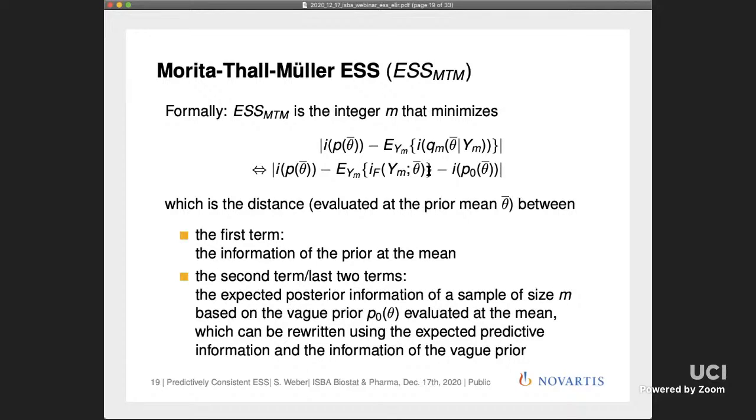All I've done here is spell out the posterior as the product of the prior times the data likelihood. You can drop the data marginal because we take the information of it. The data marginal depends only on the data, but not on any parameter, and here we take the second derivative when taking the information, so the data marginal drops out. So it's basically evaluating the curvature at a certain point.